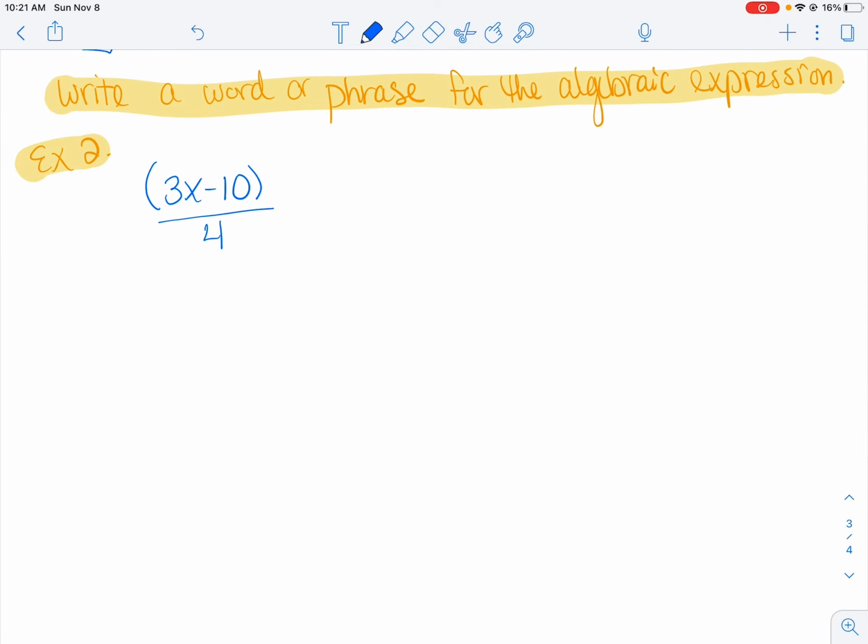So write a word or phrase for the algebraic expression. In parentheses, we have 3x minus 10, and then a division bar, and then 4, right? Remember that this acts as a natural grouping symbol.